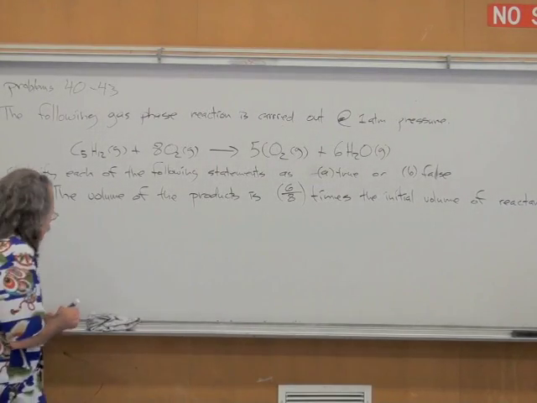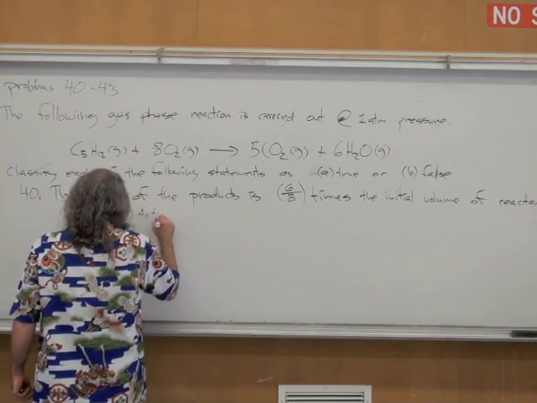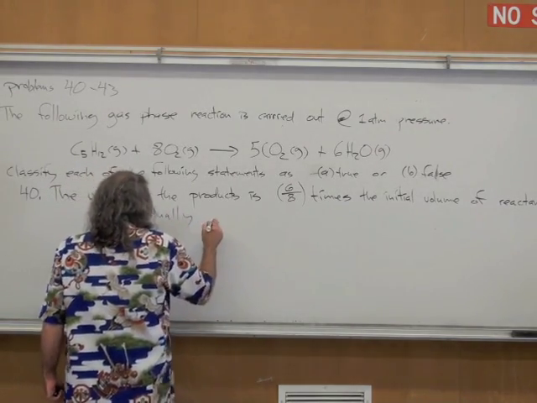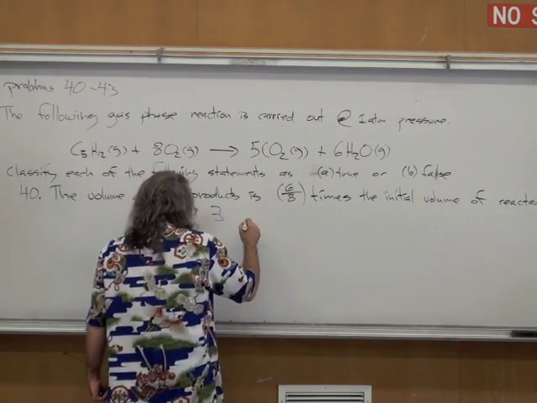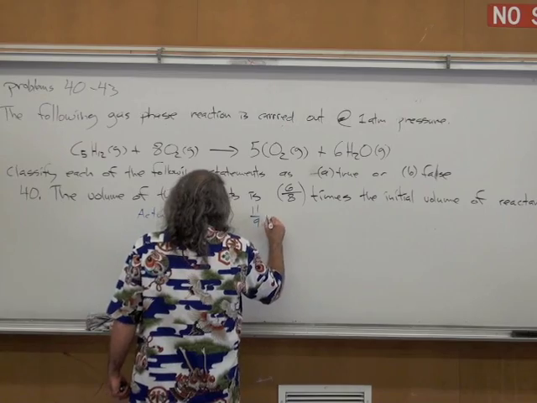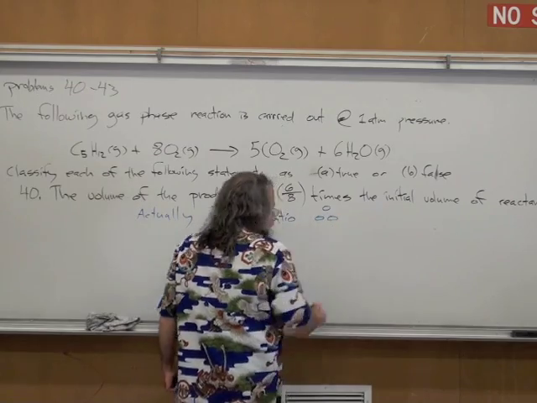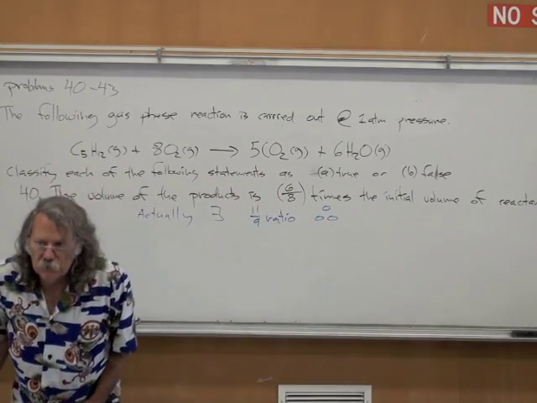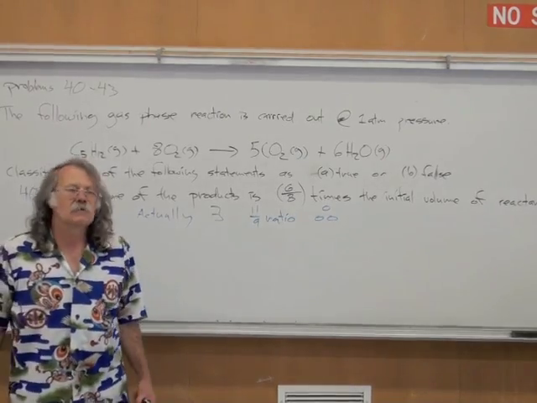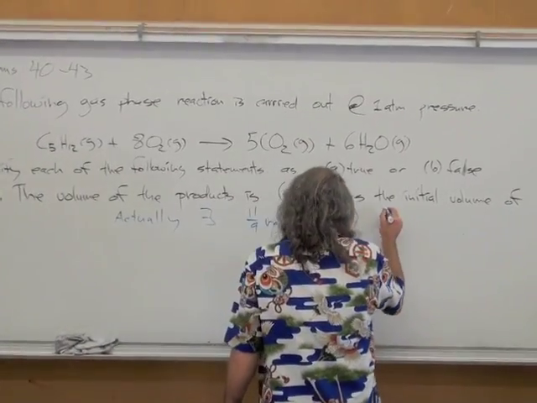So actually, there exists an 11 to 9 ratio. Therefore, is this statement true or false? It is false. So it's B.